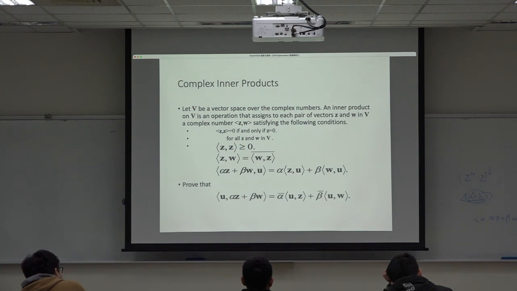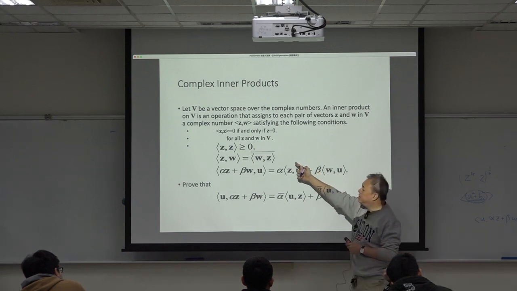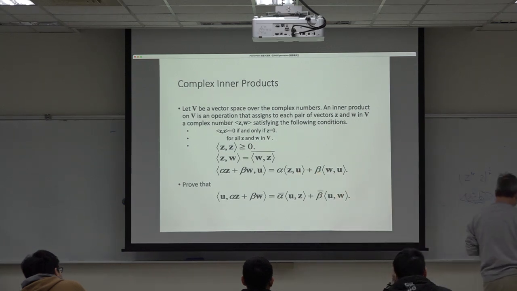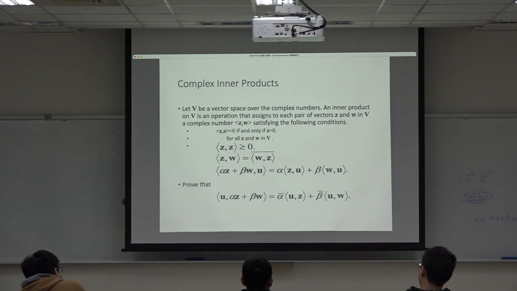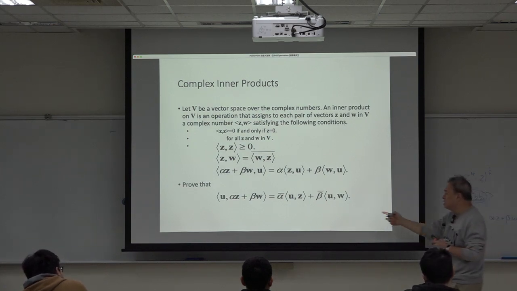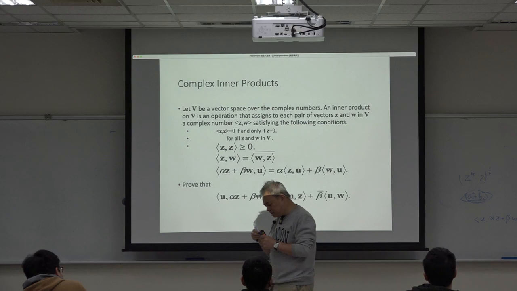Then we apply this one once more, and we get alpha u z conjugate plus beta conjugate u w. So that's what we want here.